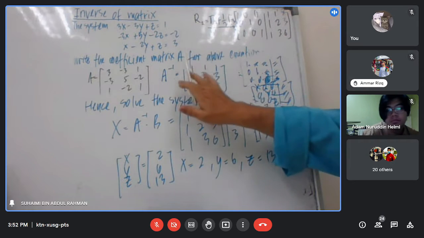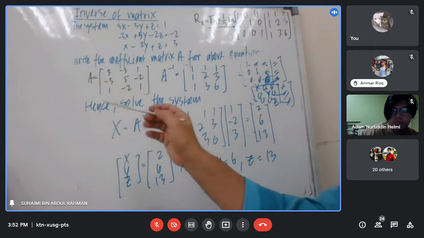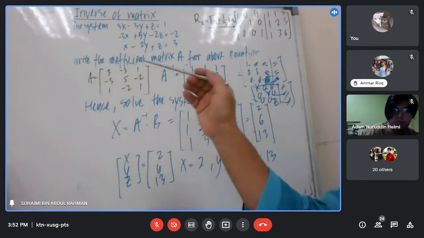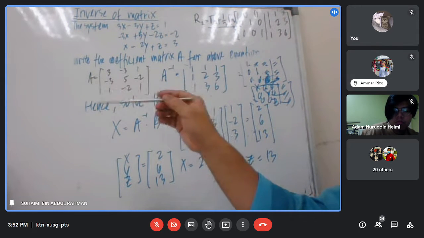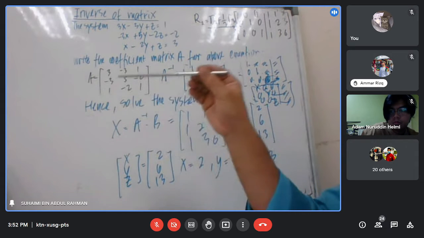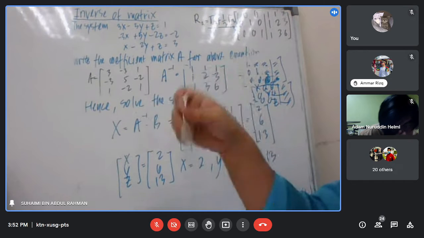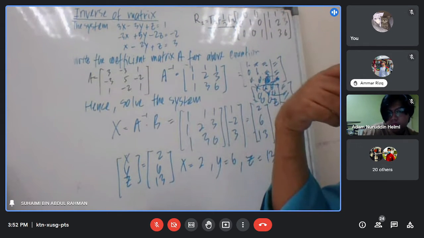So how to find the inverse? As shown before, we make the identity matrix on the right, and we transform using elementary row operations until the identity appears on our left, and we do the same operations on our right.